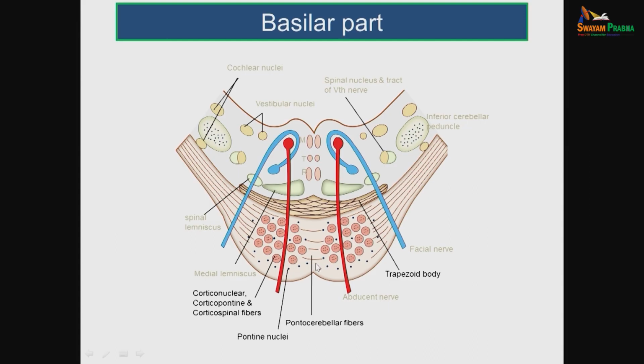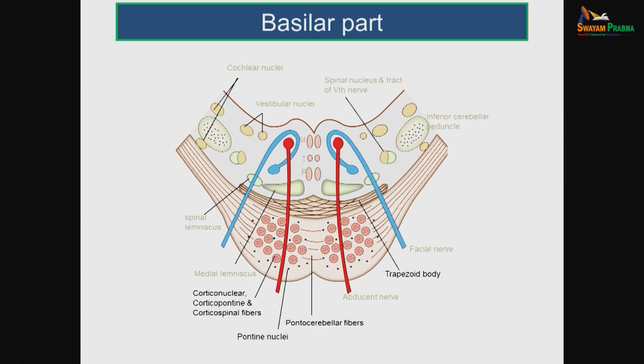So, these corticopontine fibers relay in the pontine nucleus, go to the opposite cerebellum through the pontocerebellar fibers through the middle cerebellar peduncles. As I said, it is a connection between the cortex and the cerebellum for the precision coordination of voluntary movement.